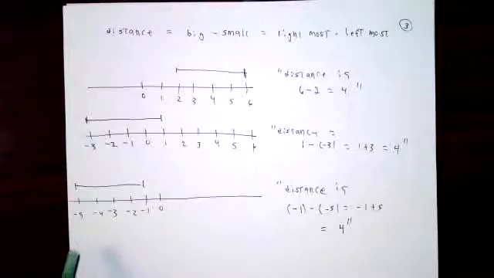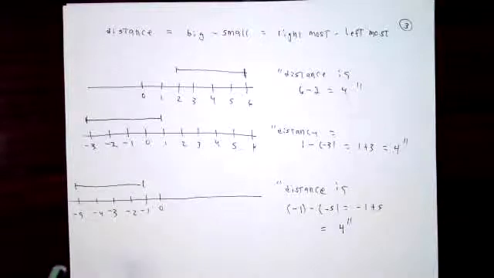My small number in this last bit is -5. The one that's further to the right, the bigger one, is -1. And if you calculate the distance based on our previous idea, it should be the bigger number, -1, minus the smaller number, -5, which, after you get done simplifying it, comes up equal to 4 again.